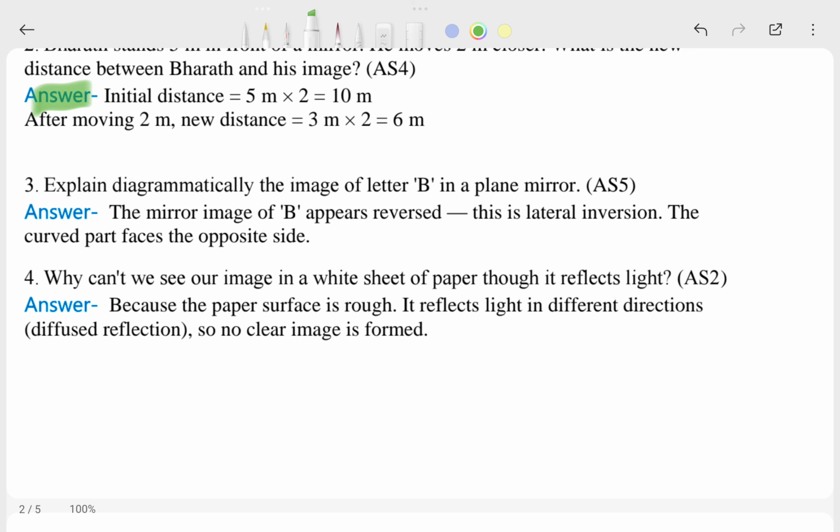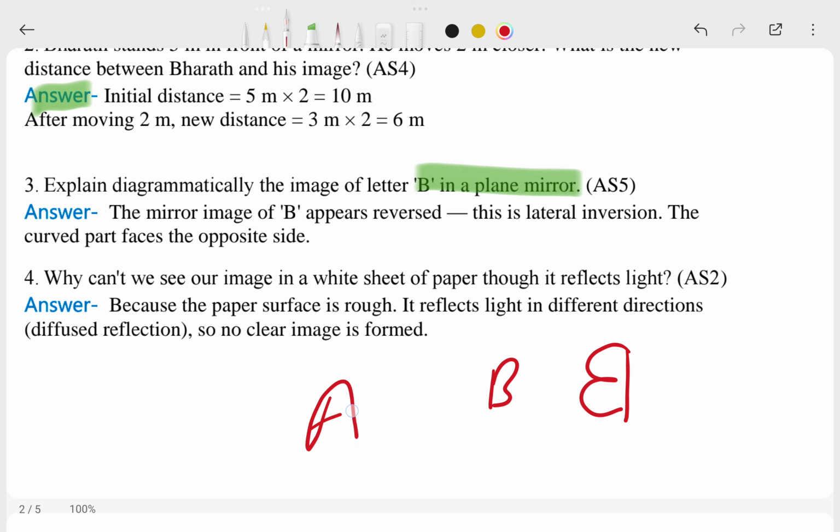The third question is: explain diagrammatically the image of the letter B in the plane mirror. If you show a B in the plane mirror, it will look different. If you put A, it becomes something like that.